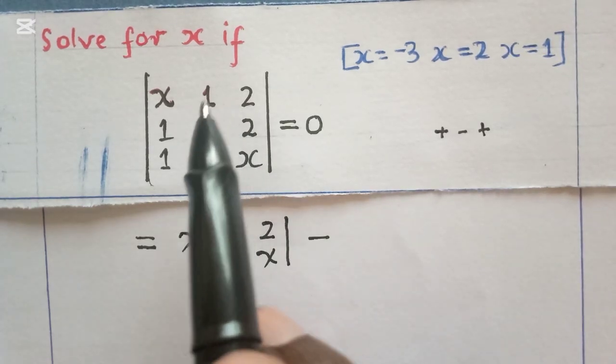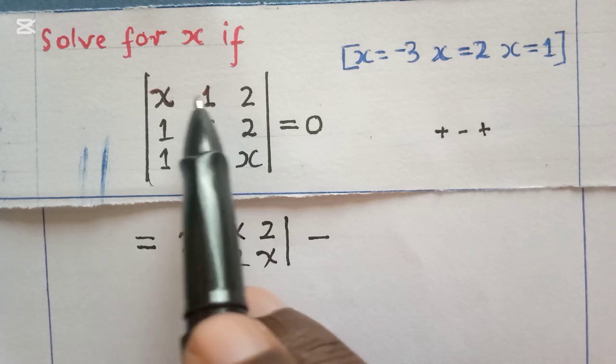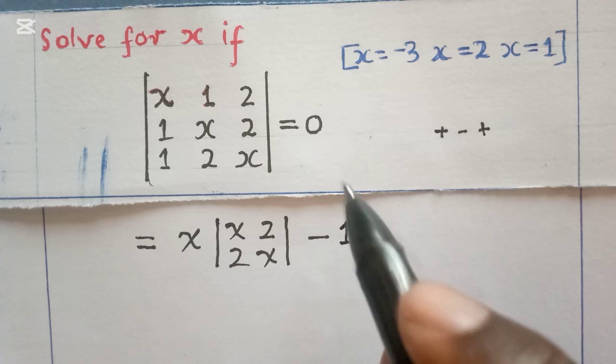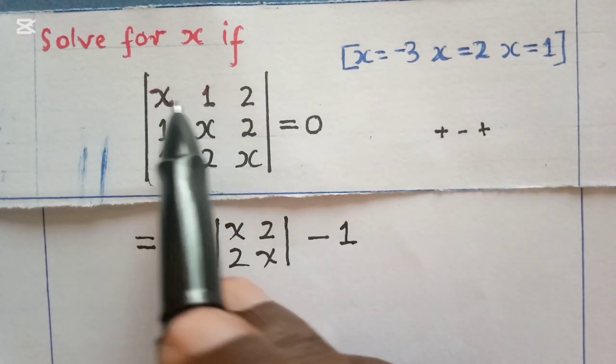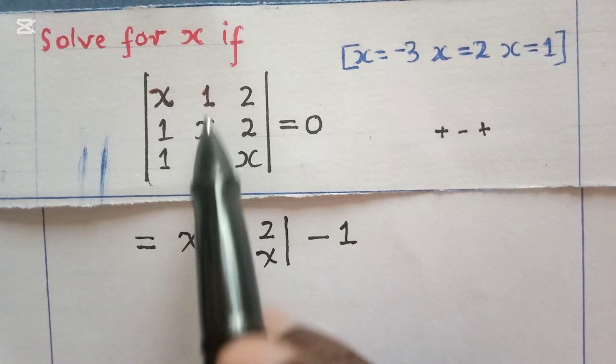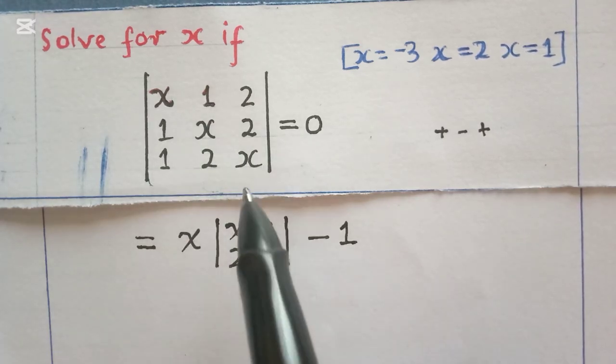We come and hold the second number in the first row, which is 1, and first of all we write the number. Then we cover the row that consists of that number, and the column. Whatever else remains is what we write here, and that is 1, 1, 2x.